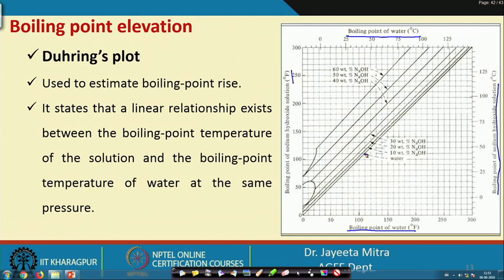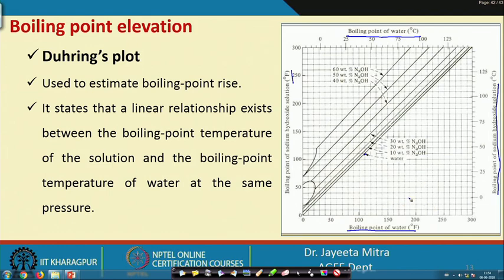We have pure water as the bottom curve, and then 10% NaOH, 20%, 30%, then 40, 50 up to 60%. From this we can get an idea that the boiling point elevation because of the dissolved NaOH varies linearly from the boiling point of pure water, and we can calculate it from this chart.